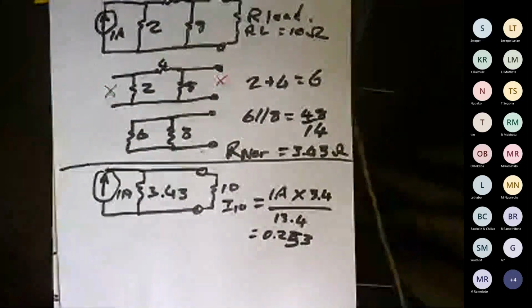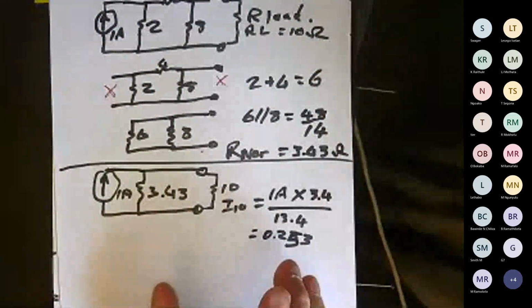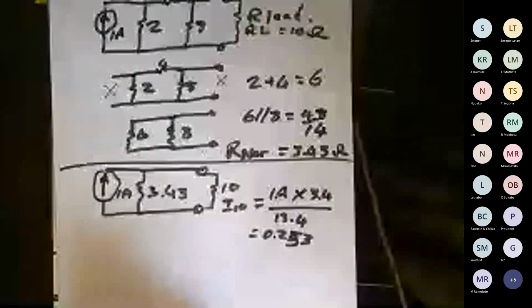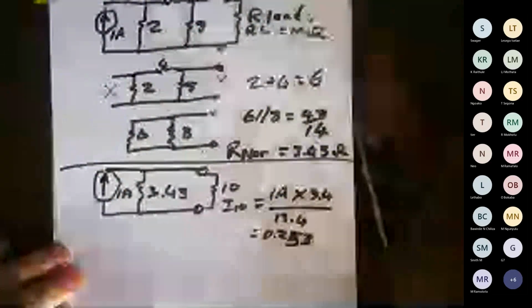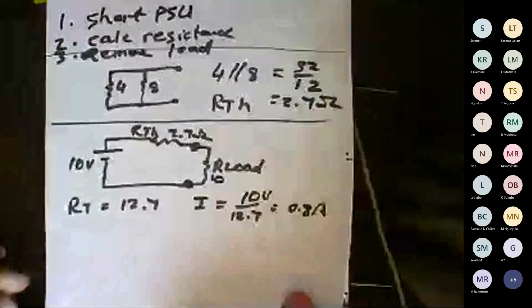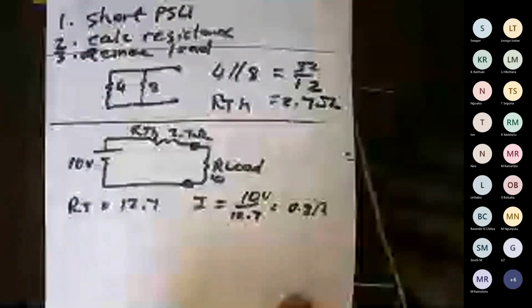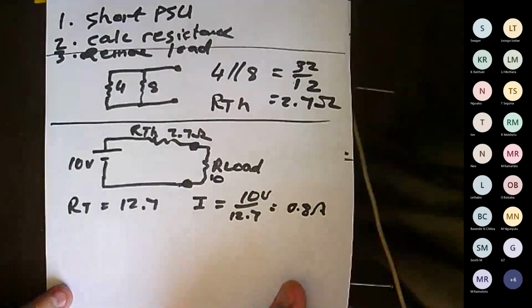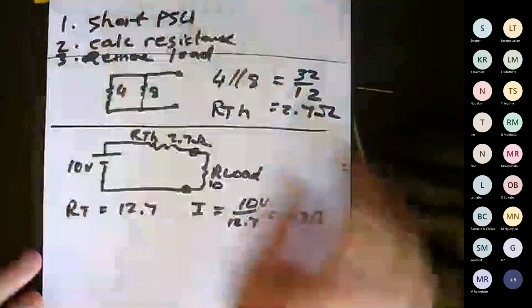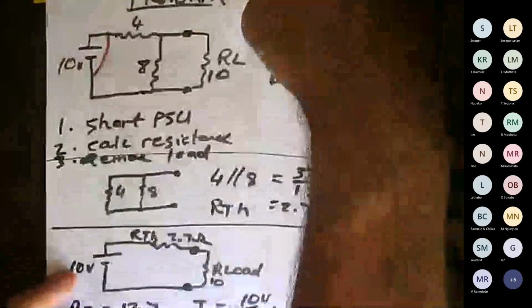And I know you guys are a bit overwhelmed and so on, but go and revisit the stuff there on page 68 so that you can be sure how to do this again. And this is how we do a Norton circuit and a Thevenin circuit. So I'm going to conclude that. And what I will then do, I will quickly move to capacitors now. Or do you have any other questions about this now? Thevenin and Norton.